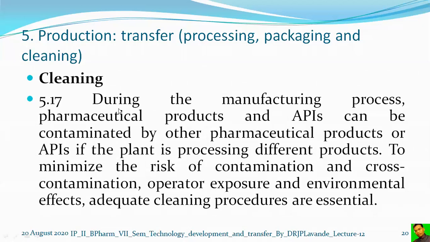The guideline tells that during the manufacturing process, pharmaceutical products and APIs can be contaminated by other pharmaceutical products or APIs if the plant is processing different products. To minimize the risk of contamination and cross-contamination, operator exposure, and environmental effect, adequate cleaning procedures are essential. So 5.17, that is cleaning in association with the process of avoiding contamination.